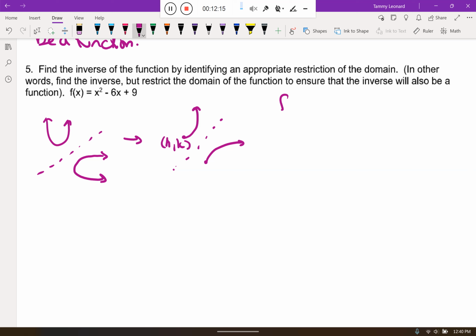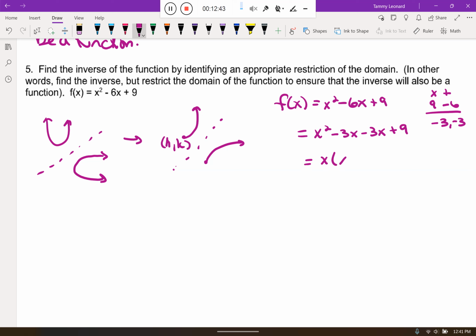So let's look at this. If I have f of x equals x squared minus 6x plus 9, you might recognize this as a perfect square trinomial, but if you don't, you could factor it. I would say, what multiplies to make 9 and adds to make negative 6? Well, that would be a negative 3 and another negative 3. So when we split that middle term, we have x squared minus 3x minus 3x plus 9.